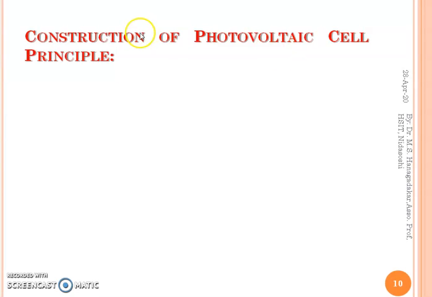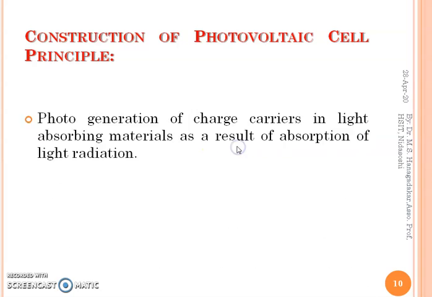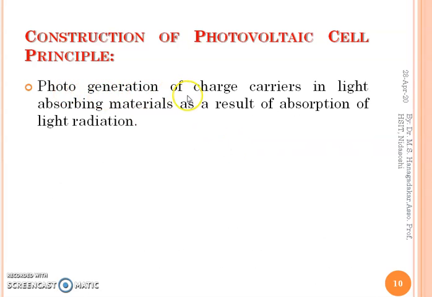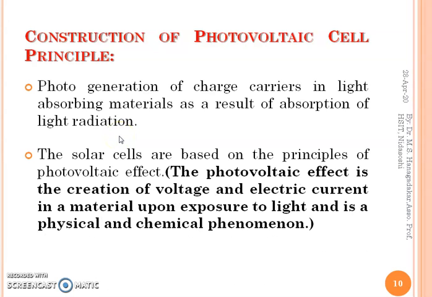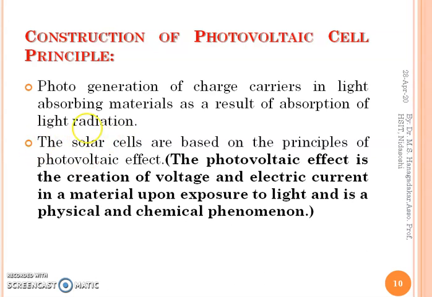Let us begin. The first one is the photo generation of charge carriers in light absorbing materials as a result of absorption of light radiation. The second is that solar cells are based on the principle of the photovoltaic effect. The photovoltaic effect is nothing but the creation of voltage and electric current in a material when it is exposed to light.